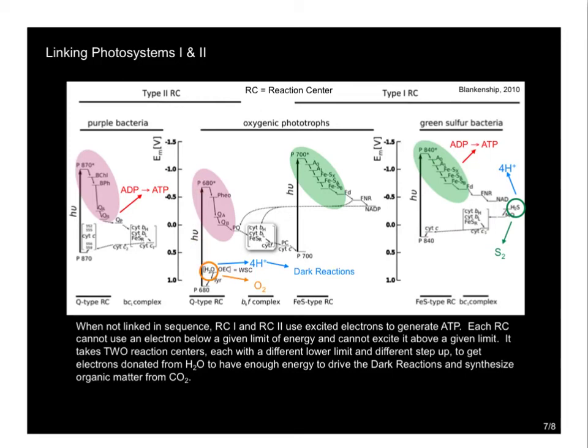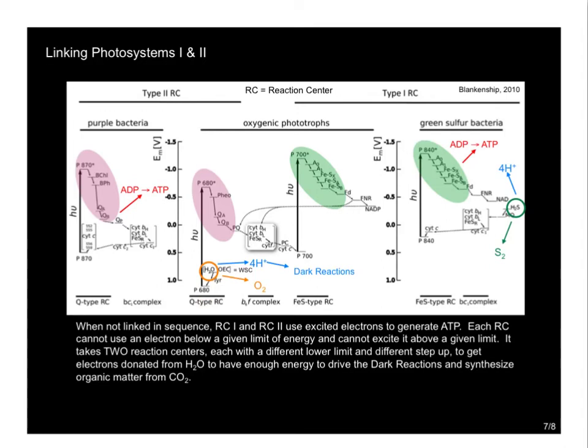However, when using H2O, water, as the source of its electrons, it starts so low, so far down on this tower, that just one photon isn't enough to drive the metabolic cycle that's necessary to synthesize organic matter in the dark reactions. So the result is that chlorophyll has to raise up the energy of the transferred electron twice.